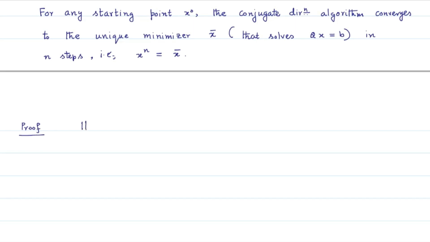We notice that from the algorithm of the Q-conjugate direction method, we have xn minus x naught is equal to the summation of k equal to 0 to n minus 1 of alpha k dk, where this alpha k is given by minus gk transpose dk divided by dk transpose Q dk.